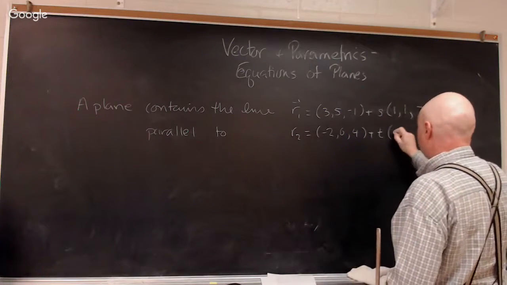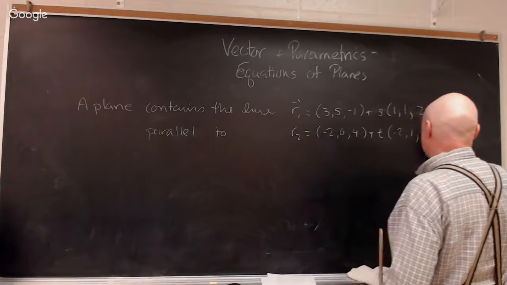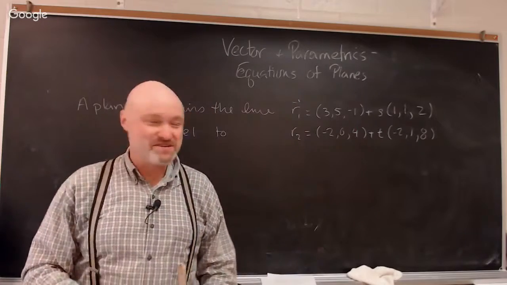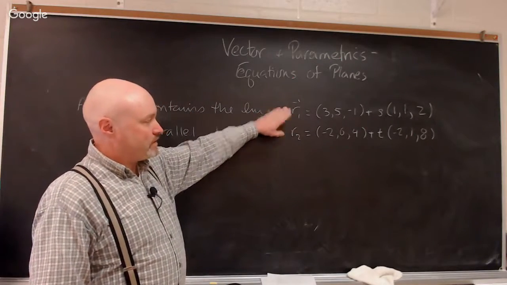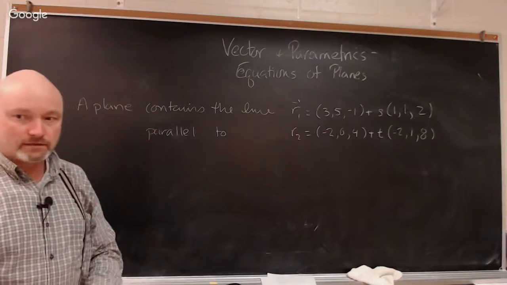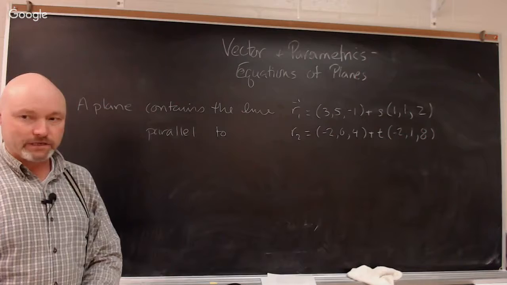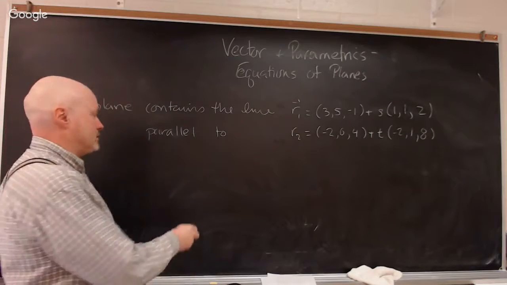I'm going to put a T in front of this one just to satisfy the audience. Okay, so it has to contain this line, and it has to be parallel to this line, and it has to be a plane. So we need another direction vector.